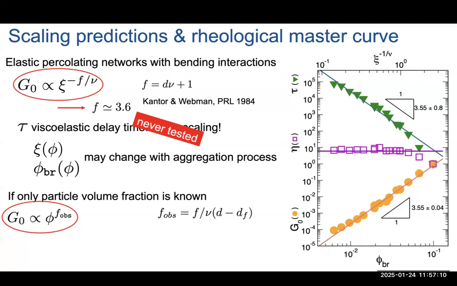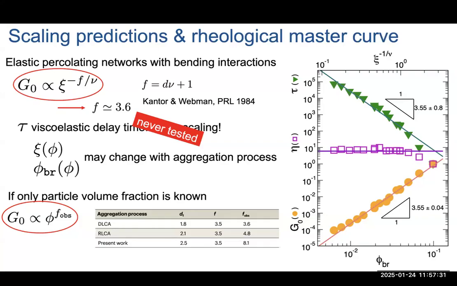This would mean that the exponent that I measure in the experiment, the dependence of the modulus on the amount of particles, is not necessarily what I predict here through this model, but a combination of this exponent with the fractal dimension of the things that the system starts aggregating from. And so these are examples of the values that I would have if I have my colloidal system aggregating through the DLCA or RLCA type of processes.